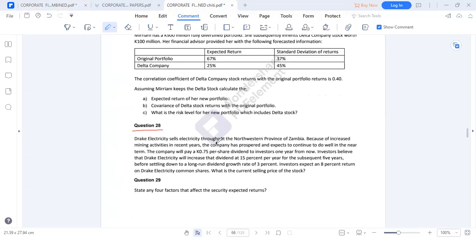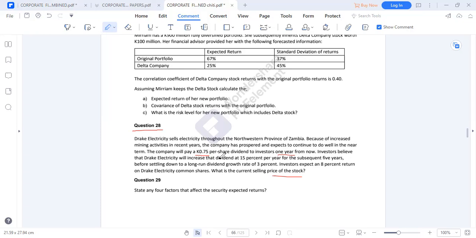what's this? Stock valuation. Let me just close. So we're told that Drake is dealing in electricity. They are willing to pay 4.75 1 year from now.